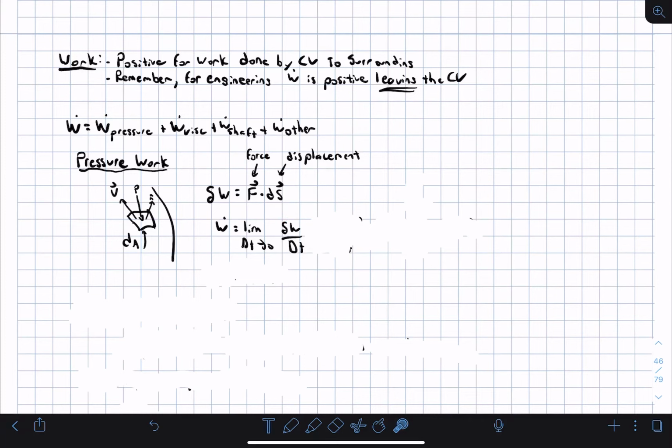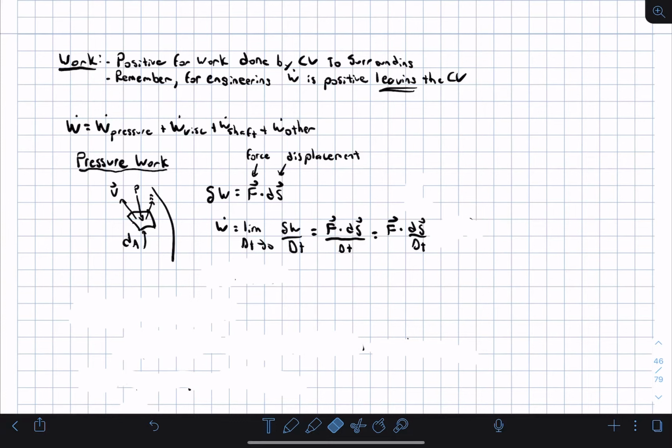Okay, so we then substitute in delta W. So that's just equal to F dot ds divided by delta t. Well, I'm going to move the delta t underneath the delta s, and notice that the limit as delta t goes to 0 of ds over delta t is nothing more than the velocity.